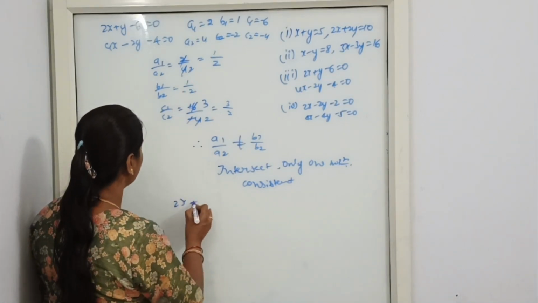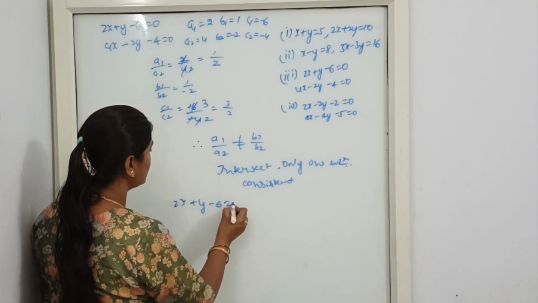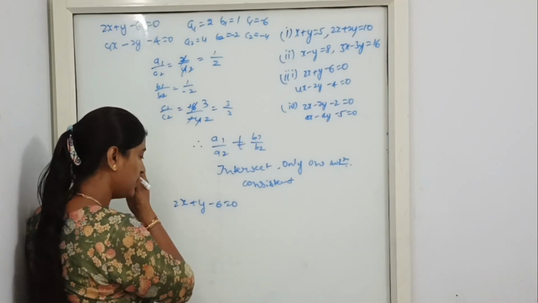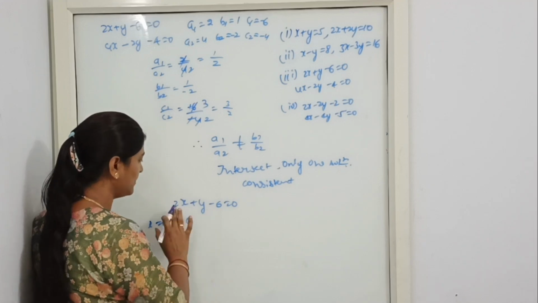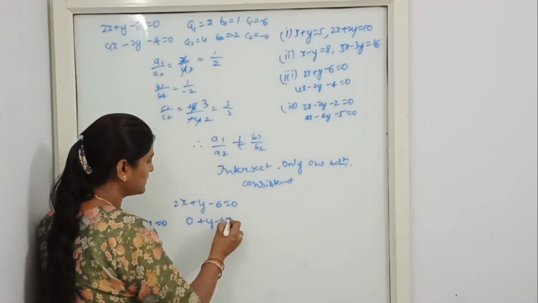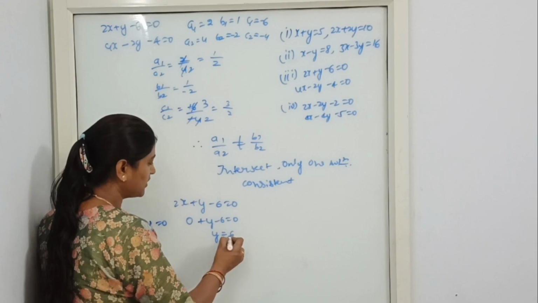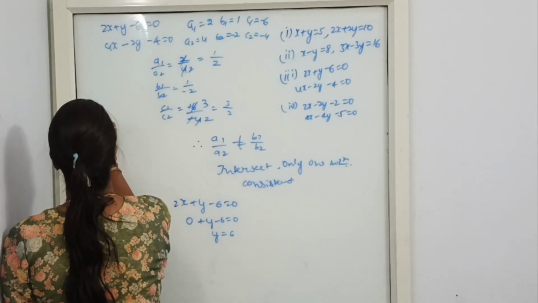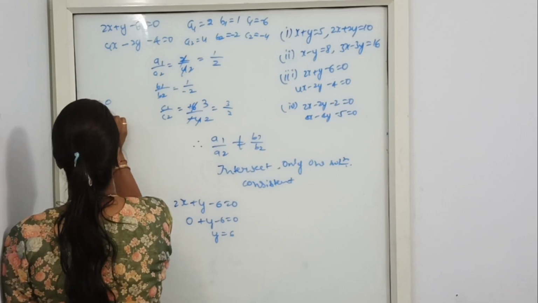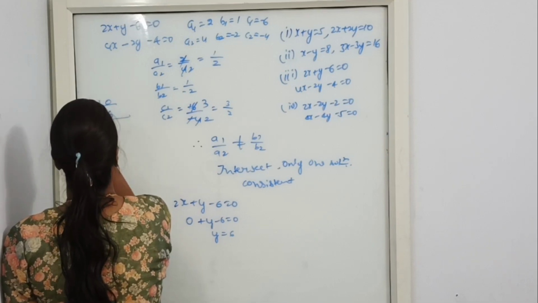For the graph, we should find its values. The first one is 2x plus y minus 6 is equal to 0. If x is equal to 0, this term is fully 0, so y minus 6 is equal to 0 and y is equal to 6. Can I write the table here? If x is 0, we got y is 6.